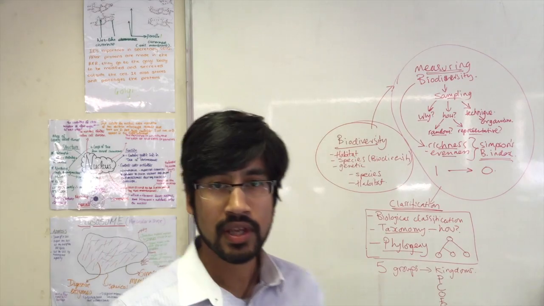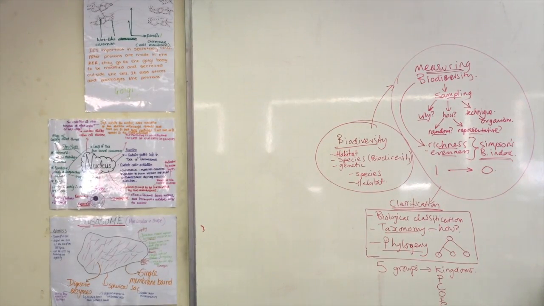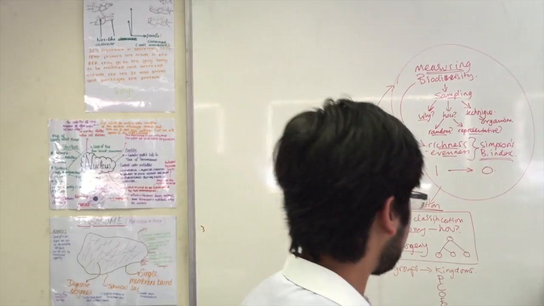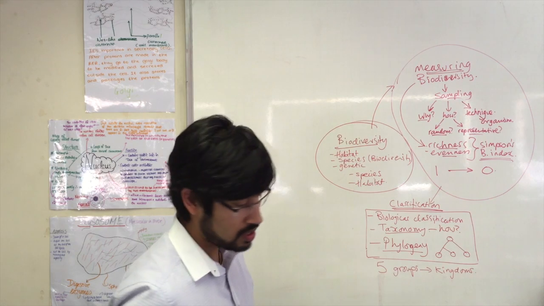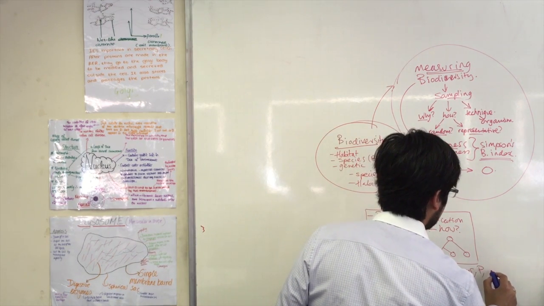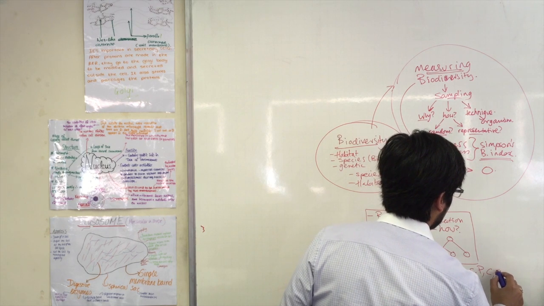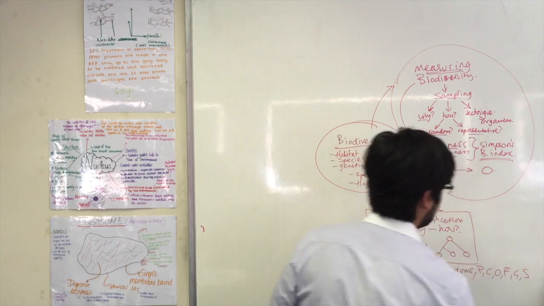Okay? Right, have I gone off the board? Family, genus, species. Kingdoms, what was it again? K, phylum, class, order, family, genus, and species. Okay?